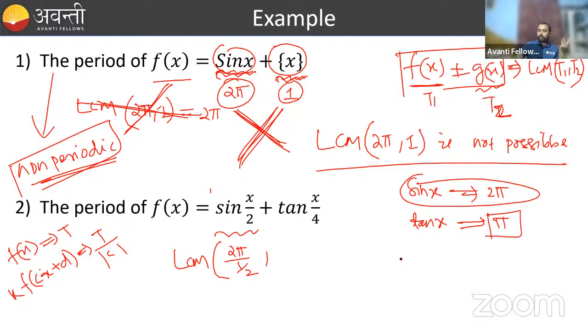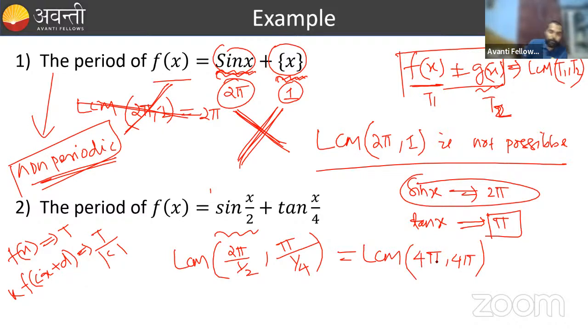Period of tan x is pi. So the period of tan of x by 4 is pi upon the coefficient of x, that is 1 by 4, right? So that is 4 pi. Is it or not? LCM of 4 pi and 4 pi is 4 pi or not?